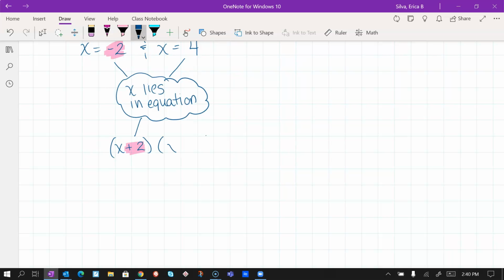And my second one is going to be x minus 4, because again, it is its opposite inside the equation. So my equation is f of x equals x plus 2 and x minus 4.